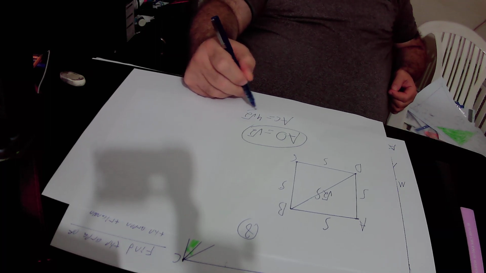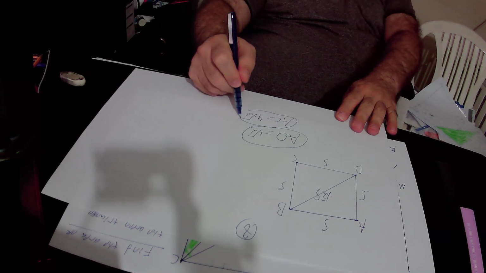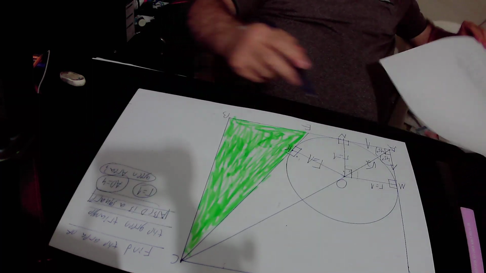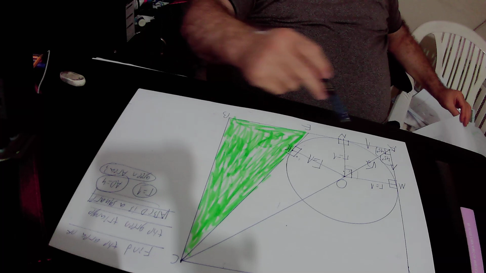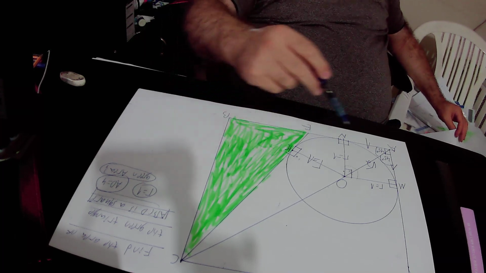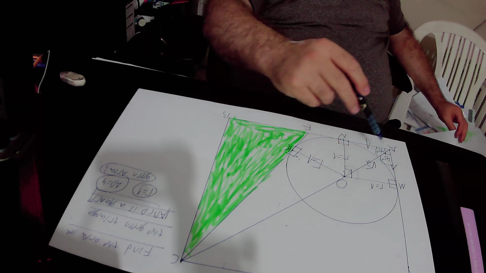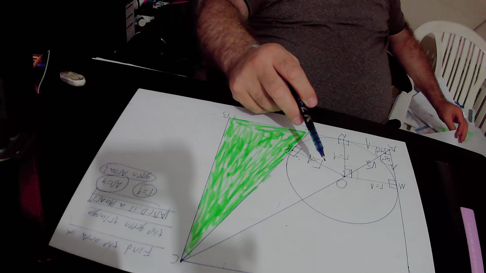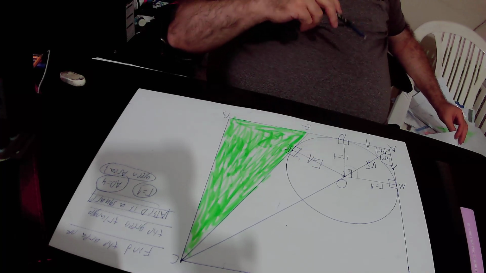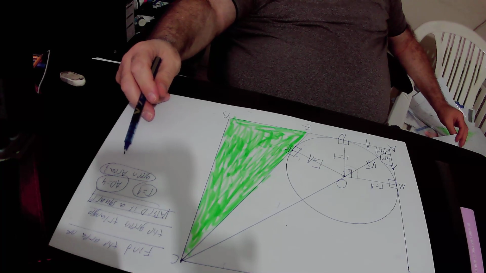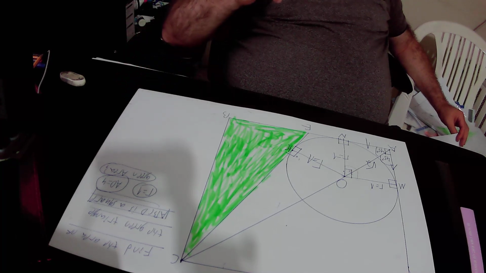So AC equals 4 times square root of 2 units. AC, the length of the diagonal of the big square ABCD, equals 4 times square root of 2 units. The length of the side, that is 4 units, times square root of 2, according to rule number 7.